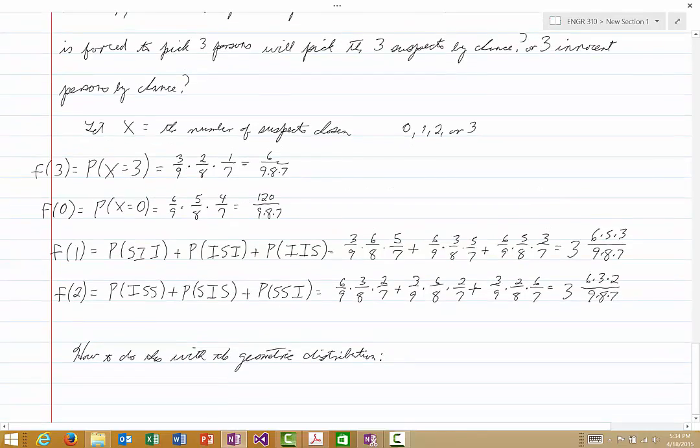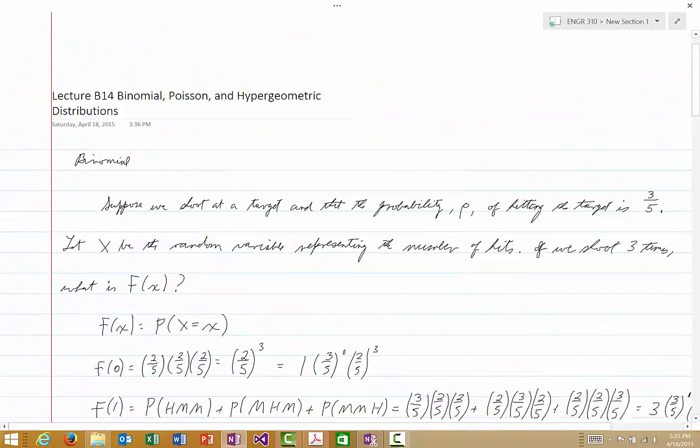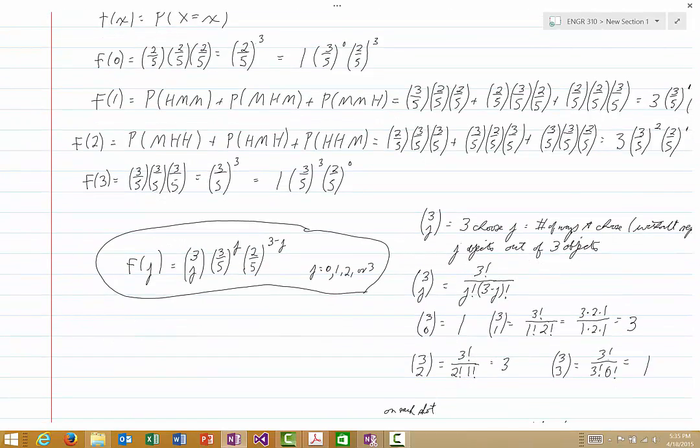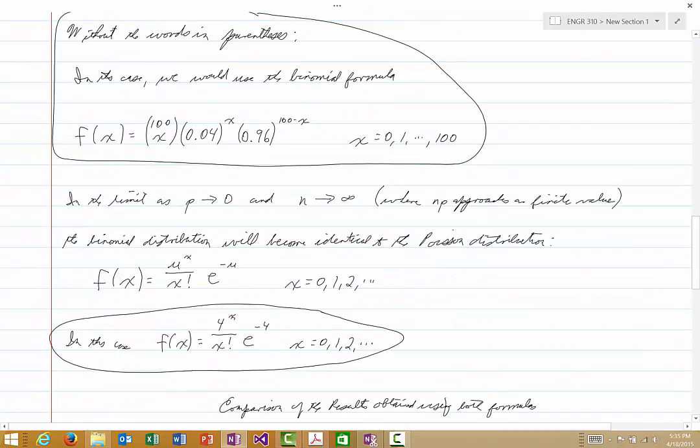This is similar to what we did at the beginning of the lecture. We looked at a problem and we calculated the different probabilities using methods we already knew, f of 0, 1, 2, and 3. But then we compared that to the binomial formula, which could calculate f for all possible values at once. And it's going to be the same thing here.